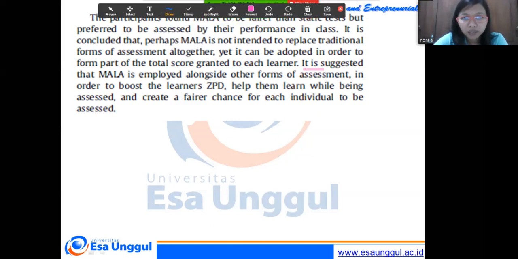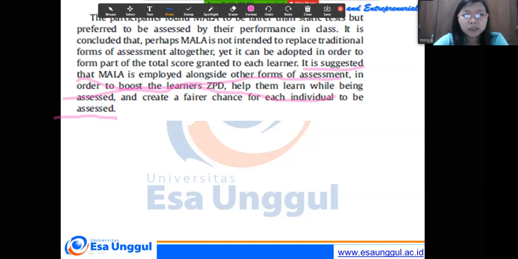Okay, we can find it here. MALA is mobile assisted language assessment. The assessment used is electronic portfolio that employs WhatsApp as the medium. So MALA is employed alongside other forms of assessment. So we can use MALA to assess students' speaking skill in this context.